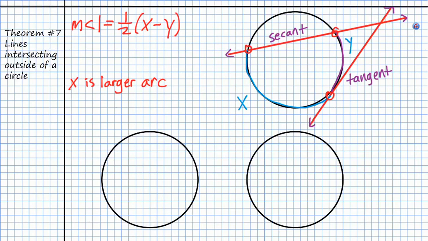You'll also apply it when you have two secants, so that would look a little bit like this. So now I have two secants that are outside of the circle.